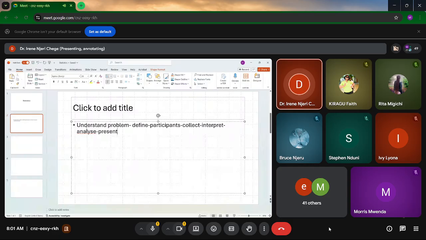And what is categorical data? It is data that can be identified based on names or labels.